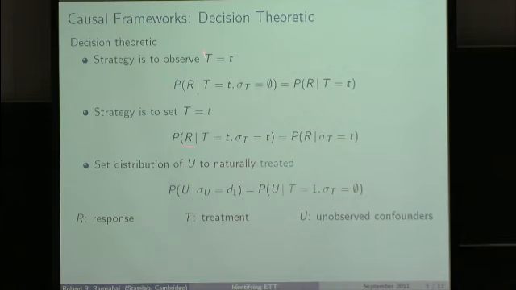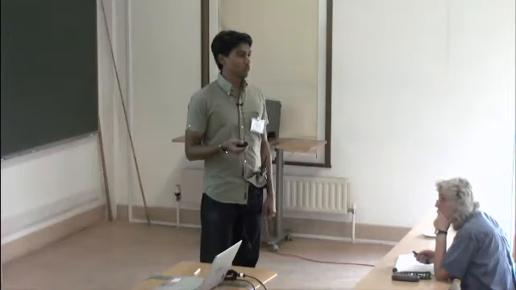For intervention, if you set T equal to t, we represent this by sigma_T equal to t, and we know that if we set the value of T, then the actual observed value of T is irrelevant because we fix it to that value. So you can simply drop the T from the notation. It's simply the probability of R given sigma_T equal to t. And these two strategy variables can be used to define the average causal effect.